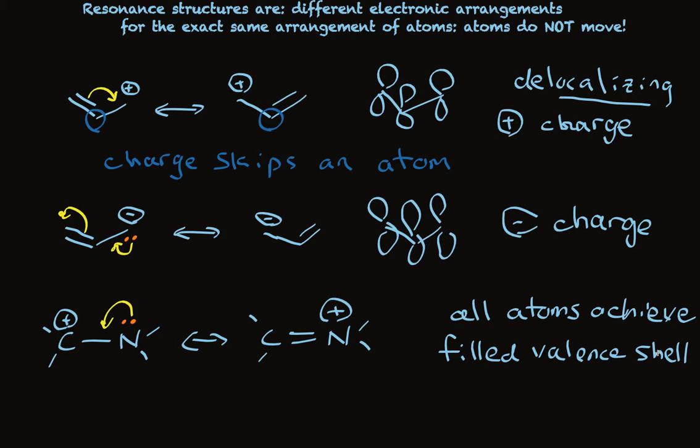And achieving a filled outer shell for all atoms is a very major driving force that dominates other kinds of considerations. So, for instance, this nitrogen is very willing to share this pair of electrons because that creates a resonance structure where all atoms have a filled outer shell.